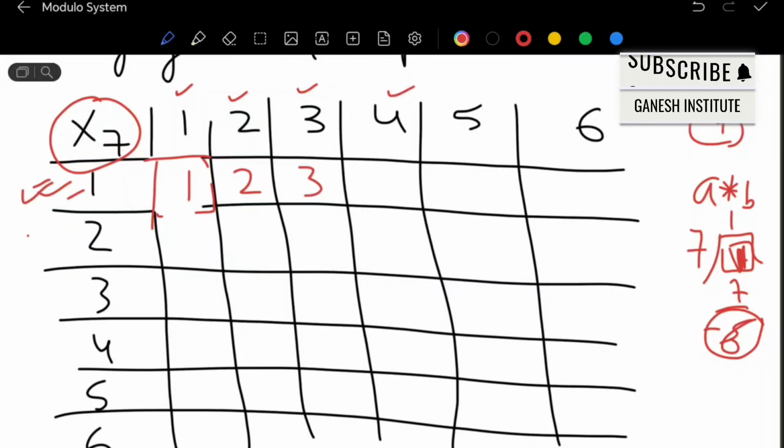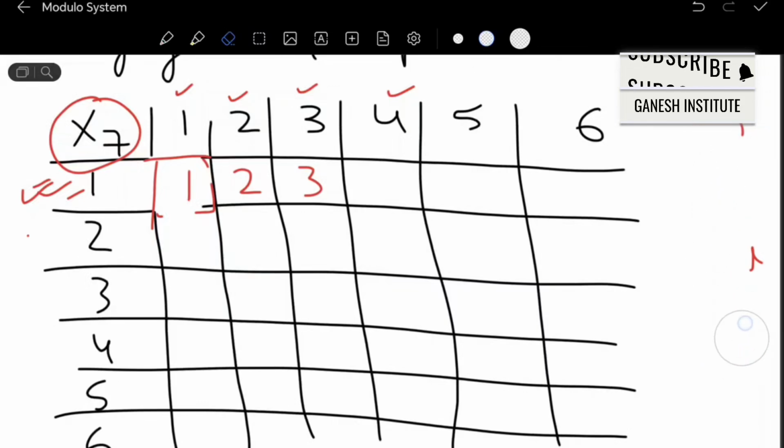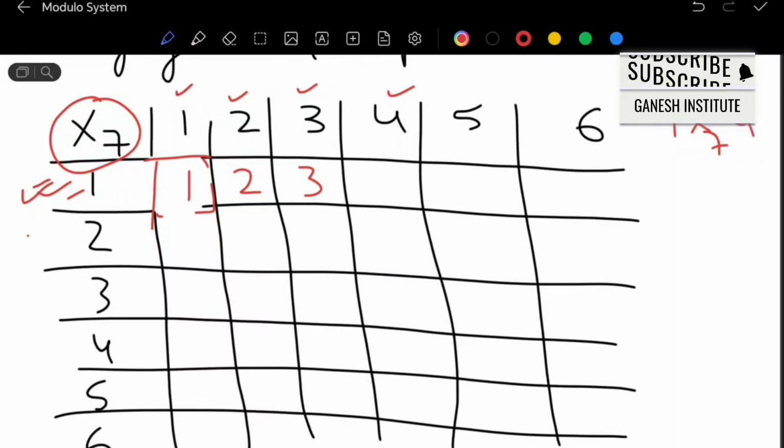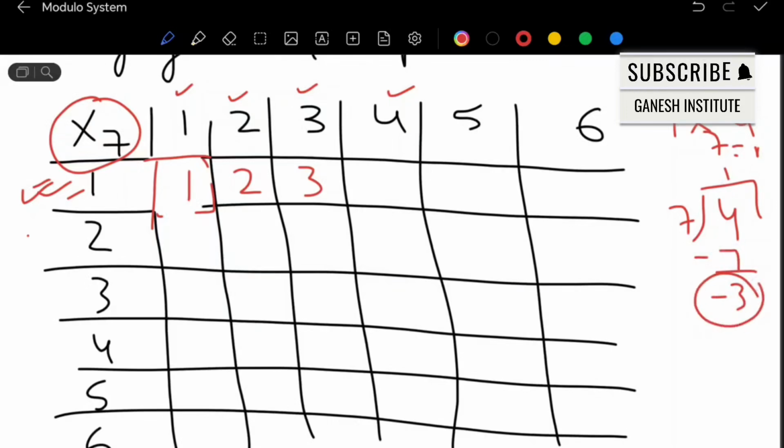4 ones are 4. Let me show you here again what you are doing: you have 1 modulo 7 4. So you multiply, 4 ones are 4, and divide by 7 to get the remainder. The answer is the non-negative remainder, so you cannot have a negative number here.